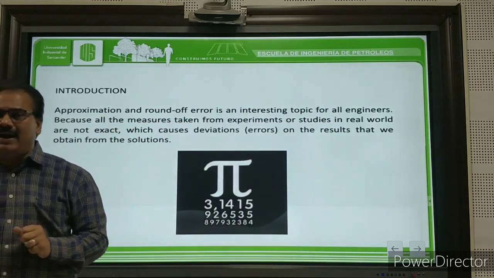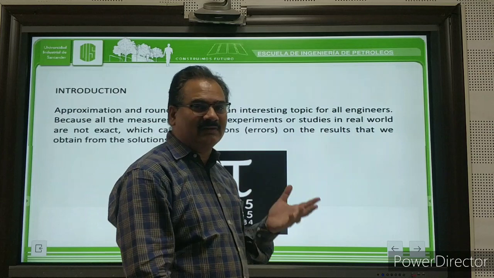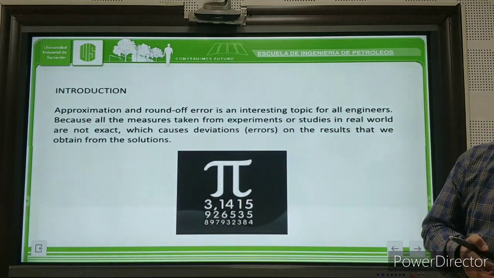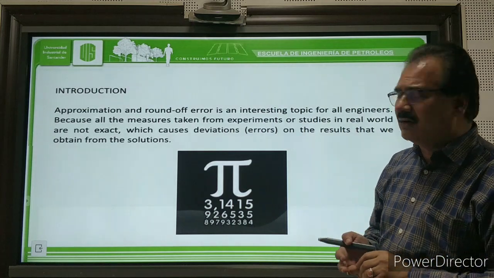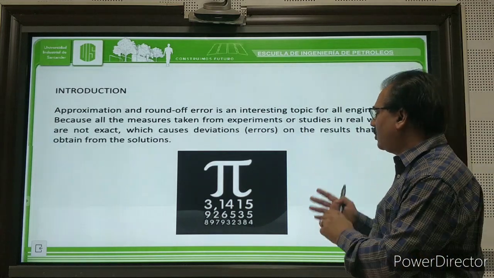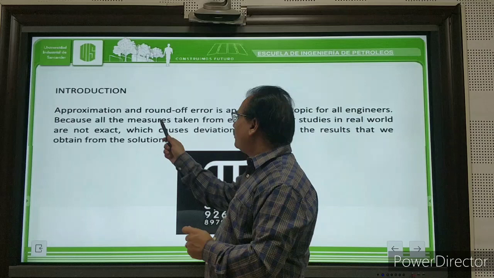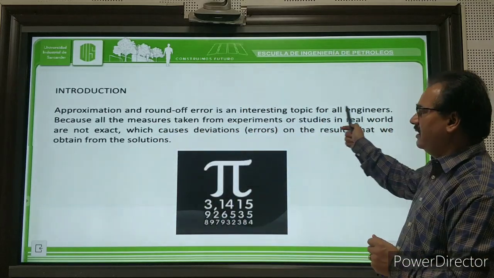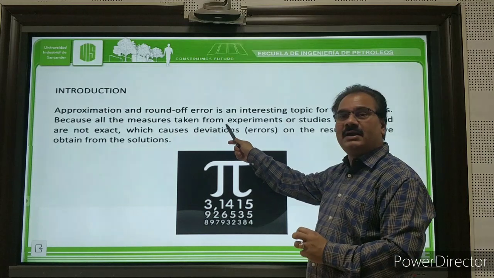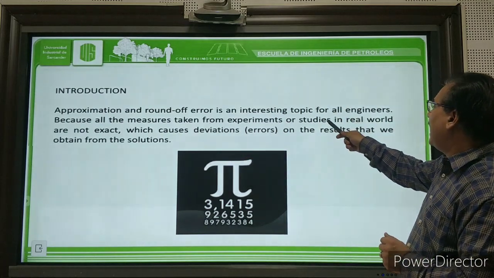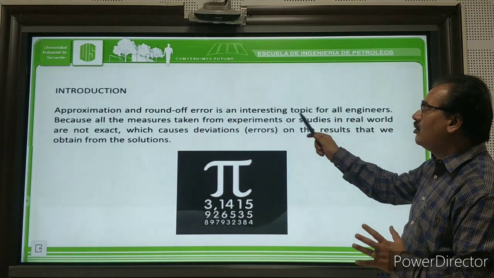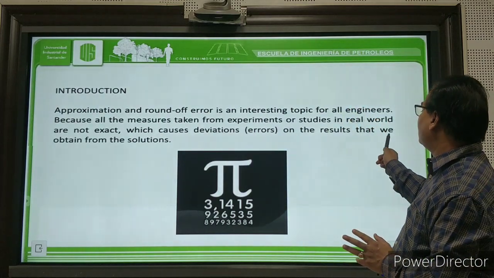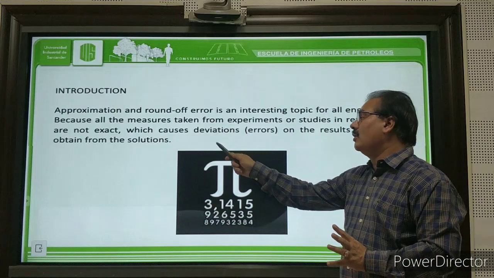We can't avoid the importance of pi in mathematics, science and technology. This is a very important figure. Approximation and round-off error is an interesting topic for all engineers, because all the measures taken from experiments or studies in the real world are not exact, which causes deviation and errors in the result that we obtain from the solution.